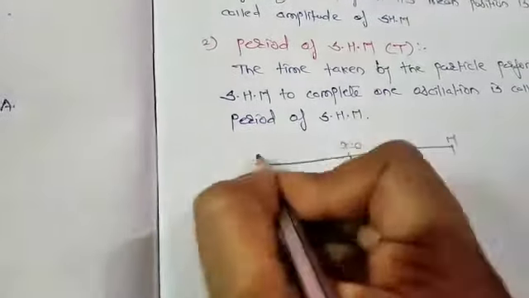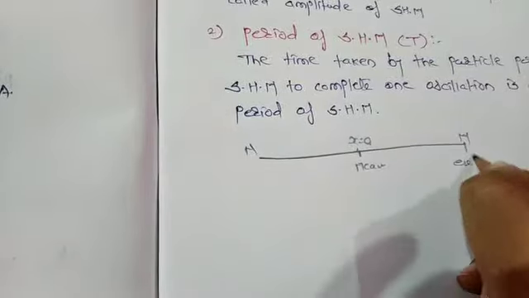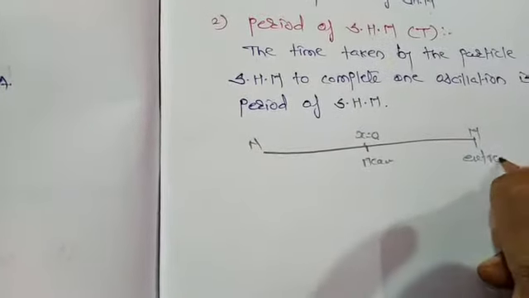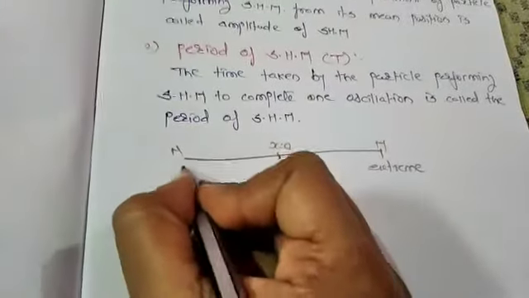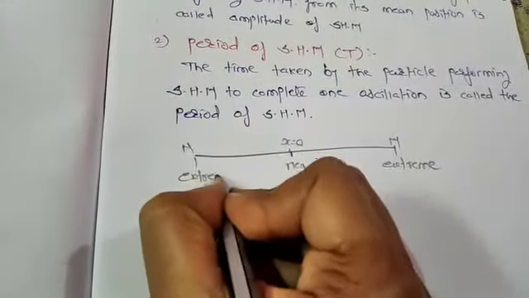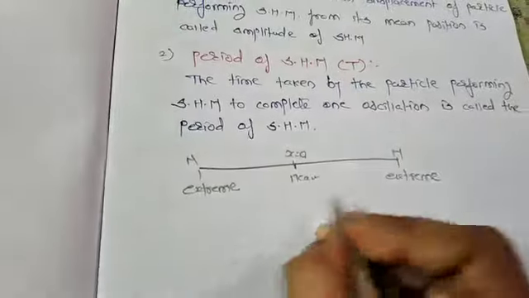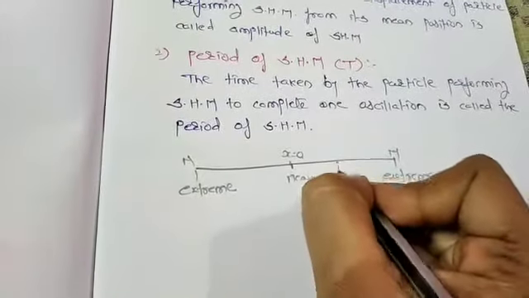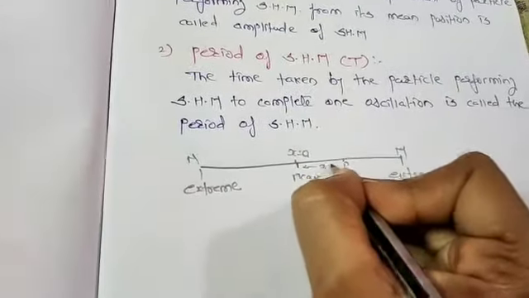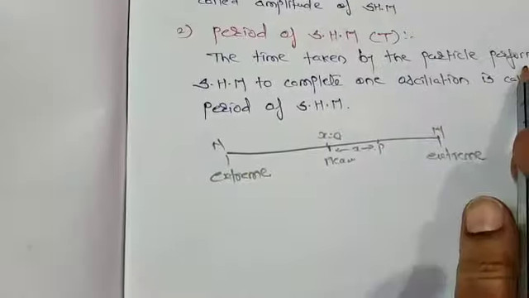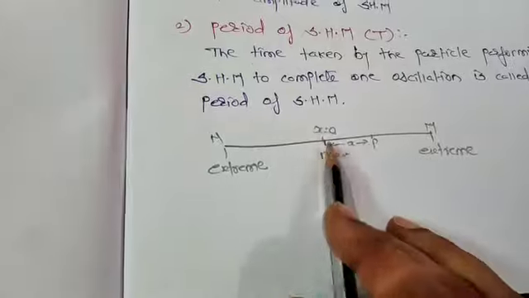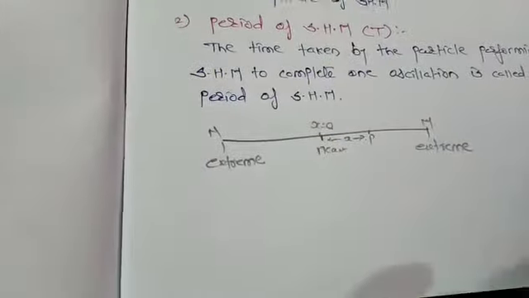This M point and N point are the extreme positions. And let the particle be at P again.